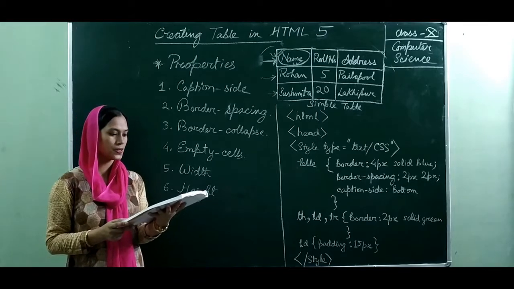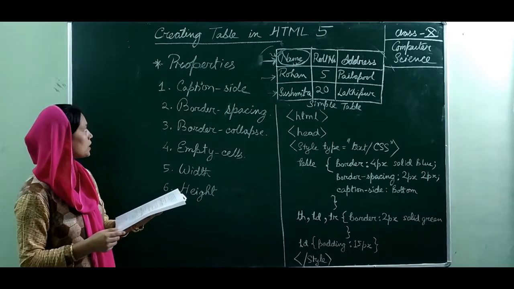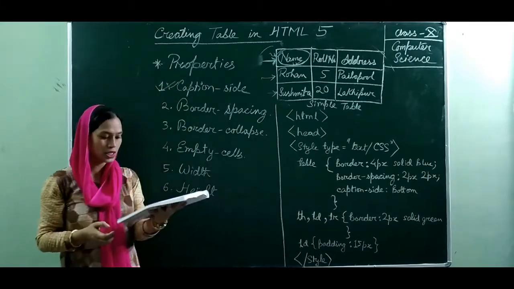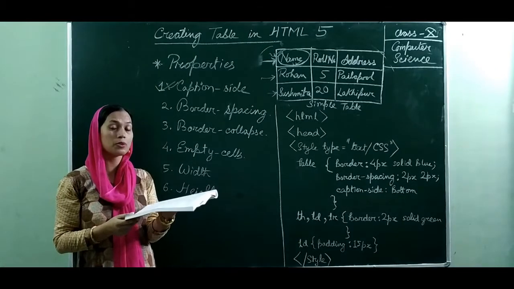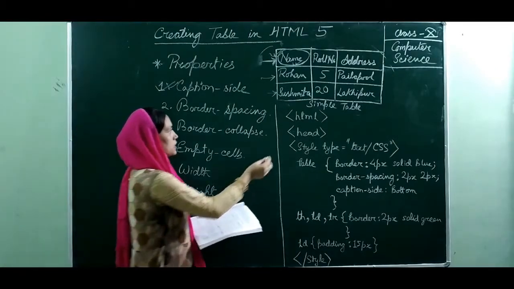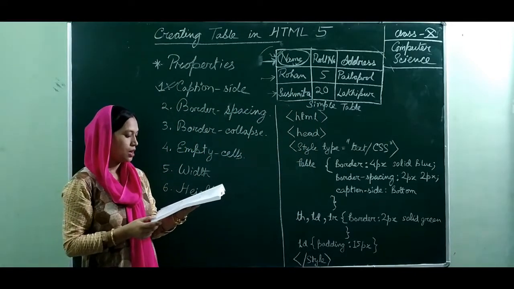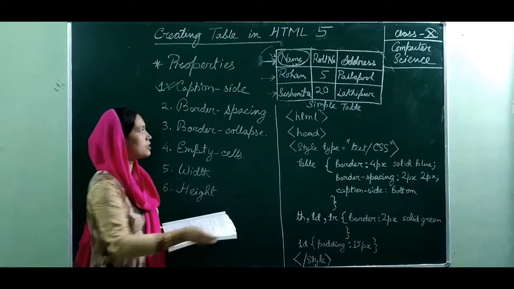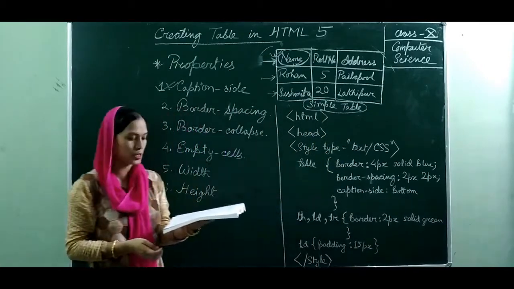These CSS properties are used to modify the tables. The first property, caption side: we have already known that with the help of caption, we have written the caption simple table in the table. But with the help of this caption side, we assign in which area this simple table is going to be displayed.